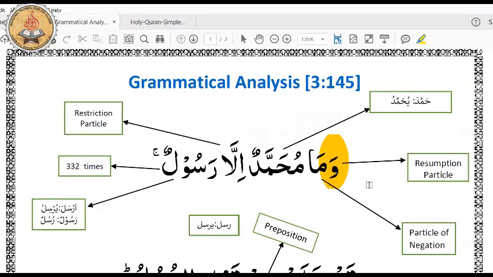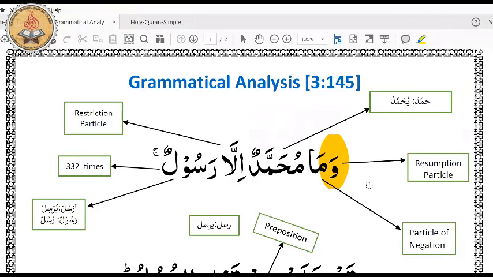It means the subject is continued, showing that the message is continued from the previous verses. So wa is a bridging word, a resuming word or a resumption particle. And we find that it has appeared 1,000 times in the Quran.